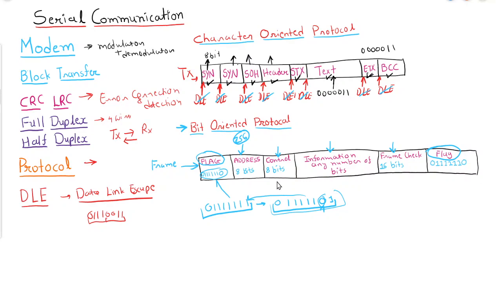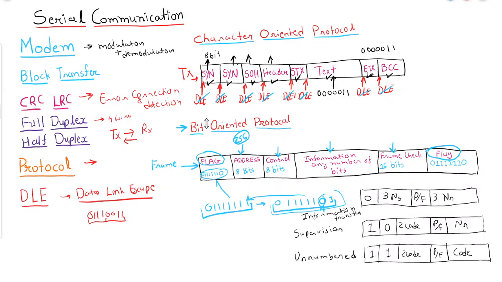So let us start our discussion. If we discuss the control field, there are 3 types of mode: the information transfer mode, the supervisory mode, and the unnumbered mode. First of all, how will the receiver identify which type of control information is sent?